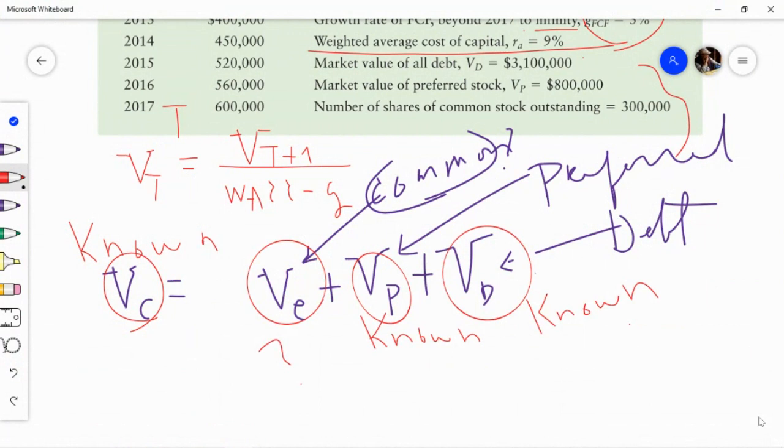And as I said, the free cash flow model is used when dividend data is not available, so we cannot use the dividend discount model. So we had to approach it in an aggregate way, because all of these numbers are aggregate numbers. Value of the company is an aggregate number, value of the preferred stock is an aggregate number, and value of debt is also an aggregate number.